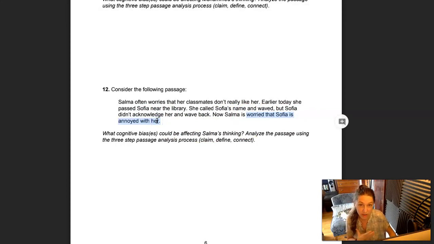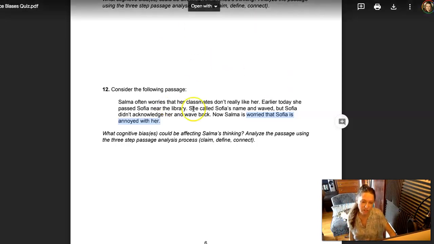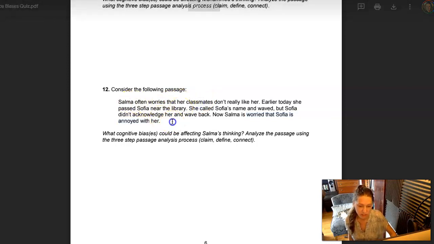Sophia is annoyed. It's not just a thing that's part of the situation. Oh, she just happened to be distracted at the moment. This doesn't suggest her stable feelings of annoyance with me or her feelings about me, right? So there's a good case to be made for fundamental attribution error, and that should be spelled out in terms of the actual details of the passage.